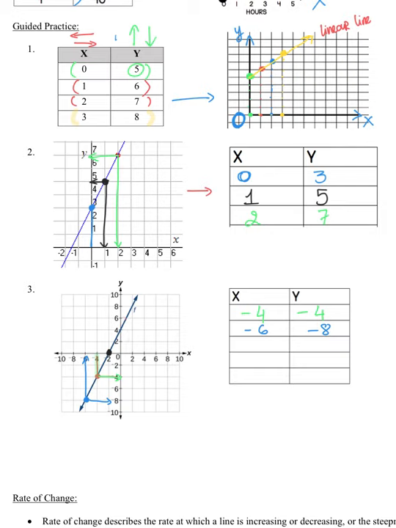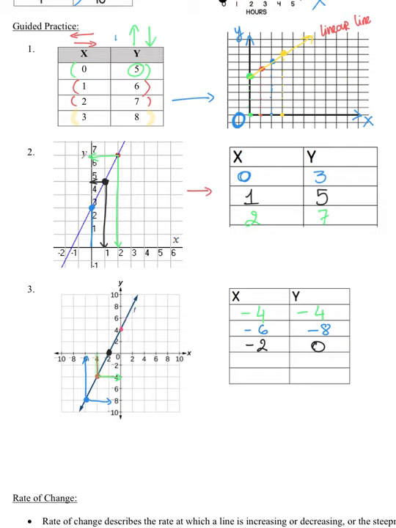So the point is on the x-axis at -2, and this does not go up or down, so it's a 0 for that black point right there.